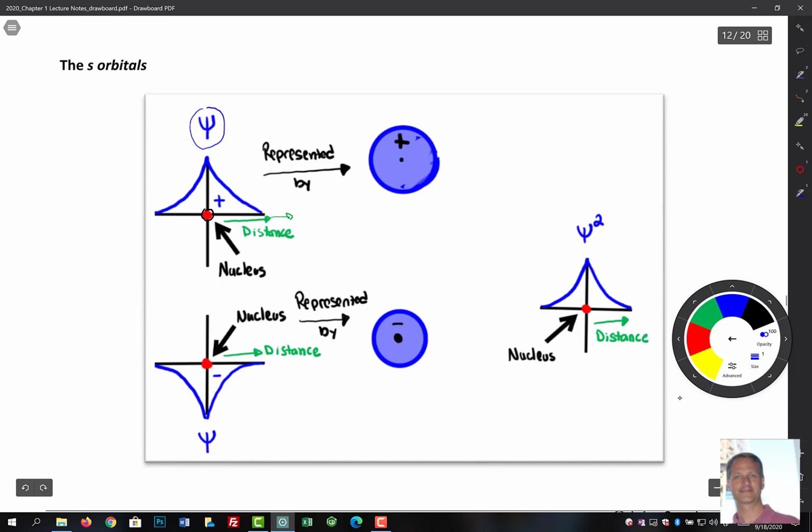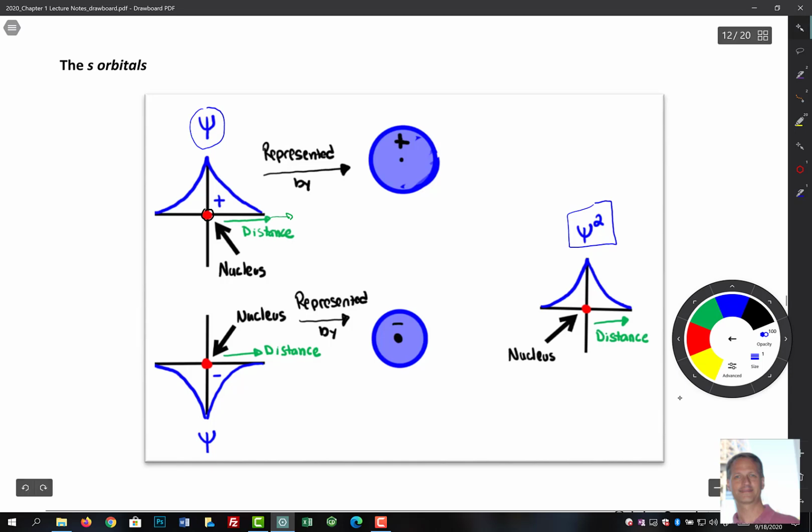If we take the square, that tells us the probability of finding an electron there. It just takes the negative part of your wave function and flops it up to the top. So the take-home message here: know the basic shape of the mathematical solution, and also know how we represent it with these circles and a plus and a minus.